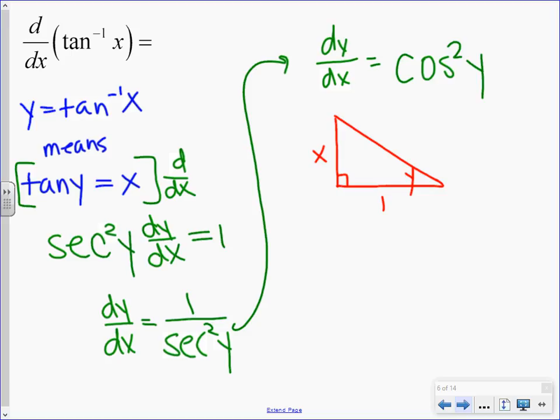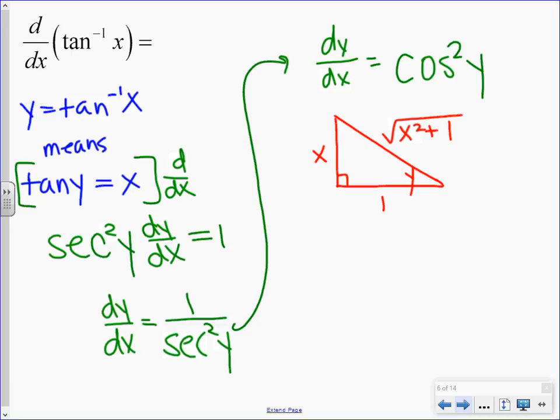Almost. No. Good. So we have radical x squared plus 1 squared. Okay. So now we have cosine of y squared. Cosine of y. Well, if y is our angle, cosine is adjacent over hypotenuse.